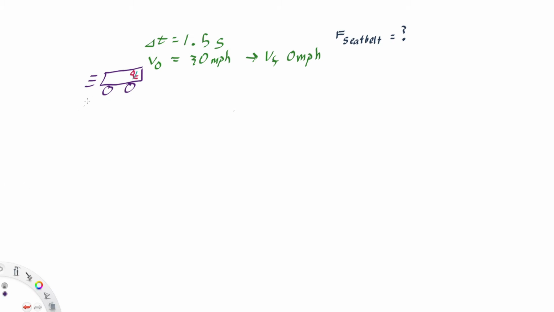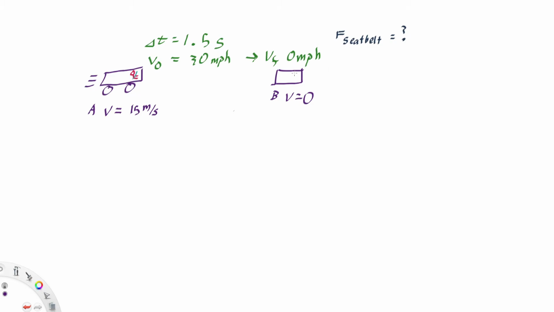So our initial situation, which we can call situation A, our velocity is about 15 meters per second. Our final situation, velocity is 0.